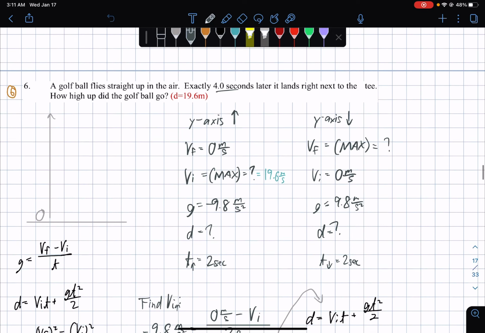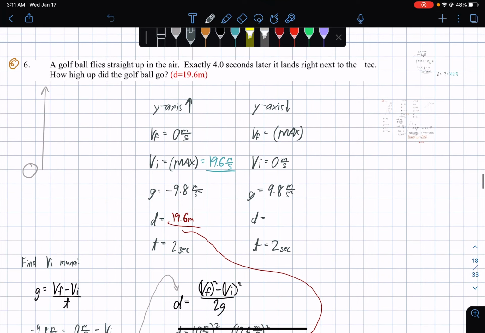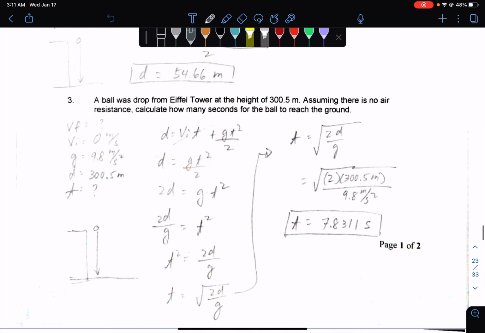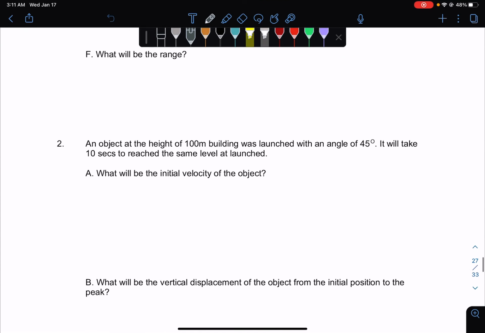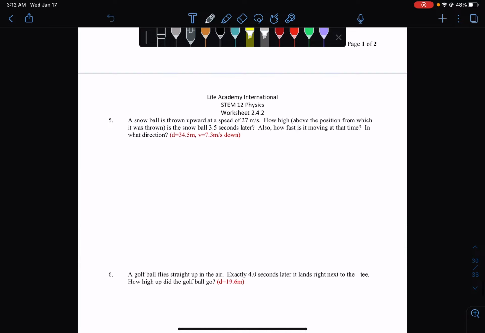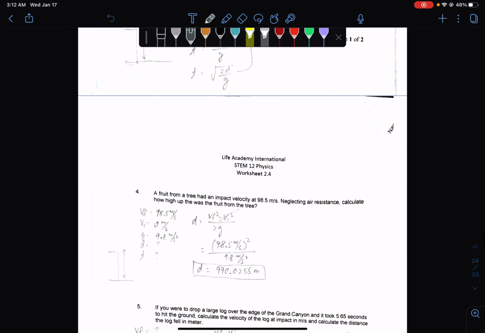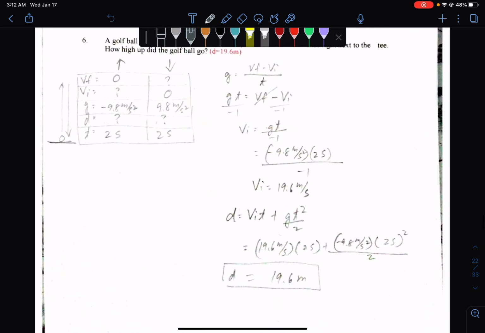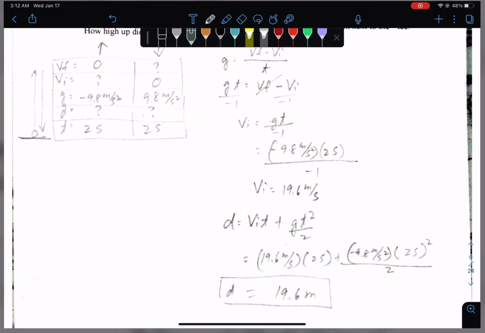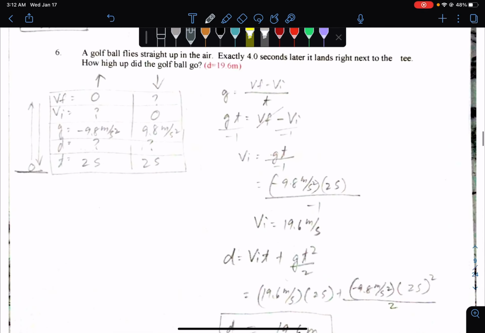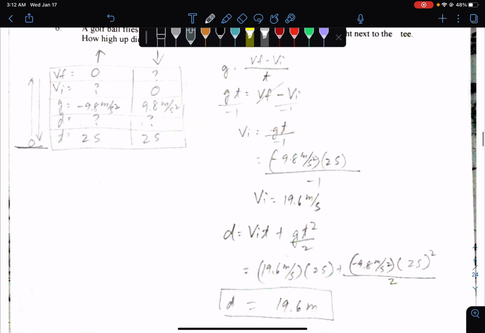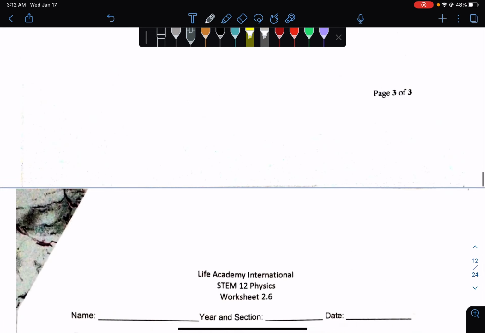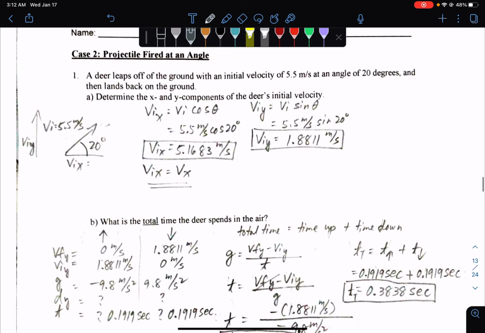Wait, where are we? Hmm, not complete. Hmm, found it.